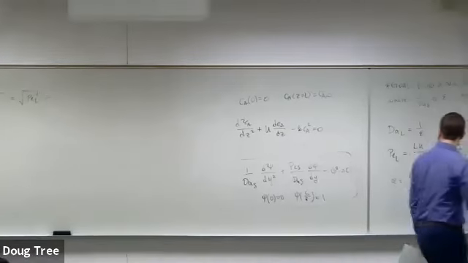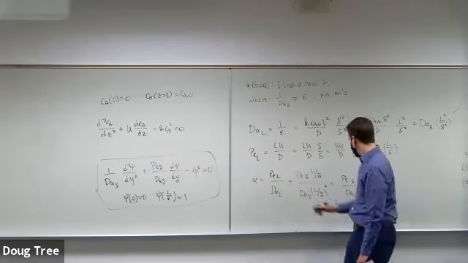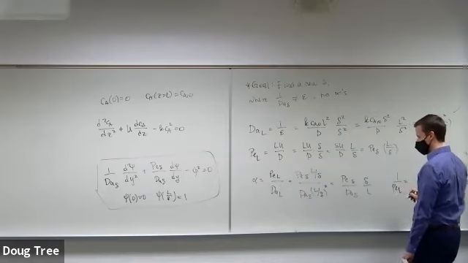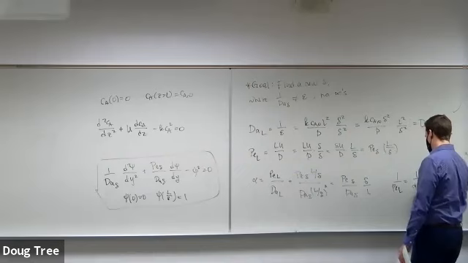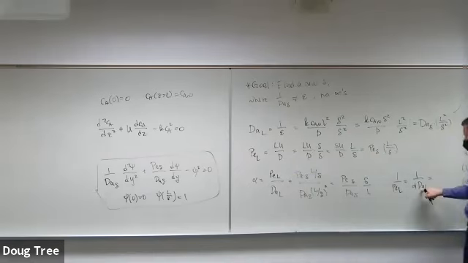Okay, so I know that alpha is order 1, right? So if I have 1 over the Peclet number, that's going to equal, let's see, 1 over alpha times the Damköhler number of L. And I know the Damköhler number is 1 over epsilon, so that's epsilon over alpha. Right?